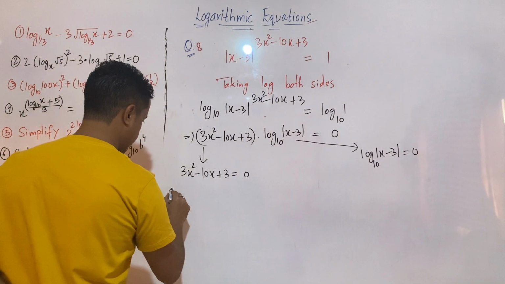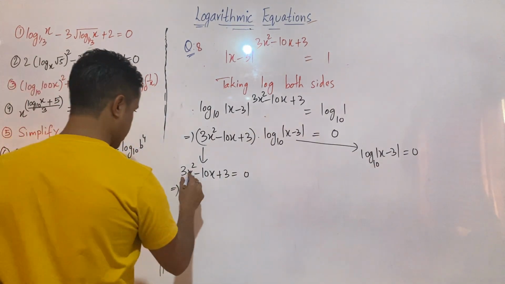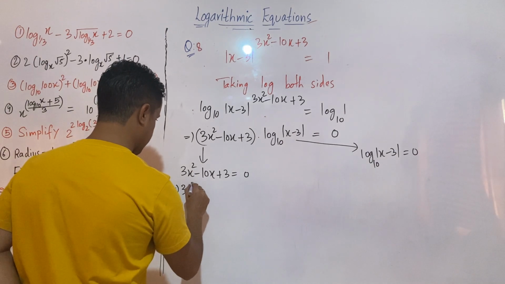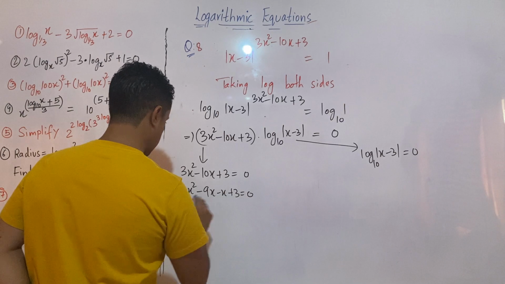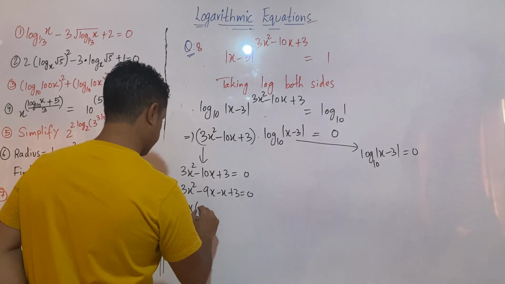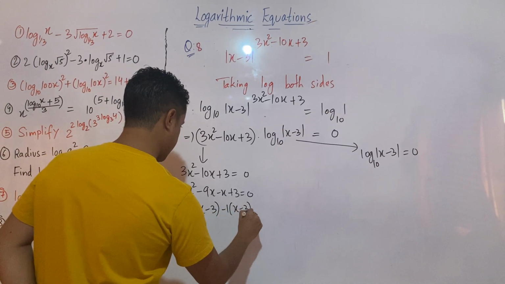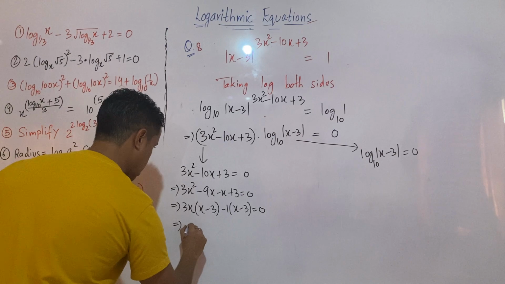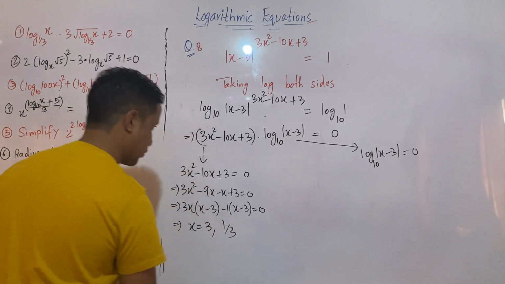From here, if I factorize it, 3x squared minus 9x minus x plus 3, so here 3x times x minus 3 minus 1 times x minus 3. So x is going to be 3 or 1 by 3.